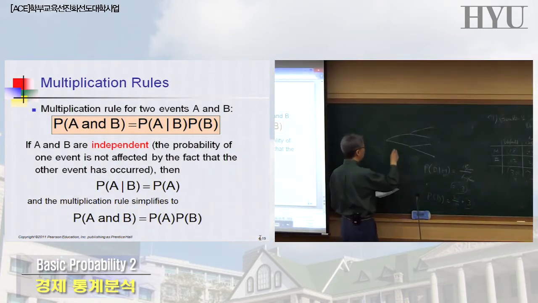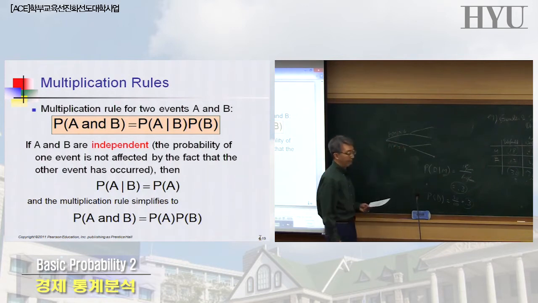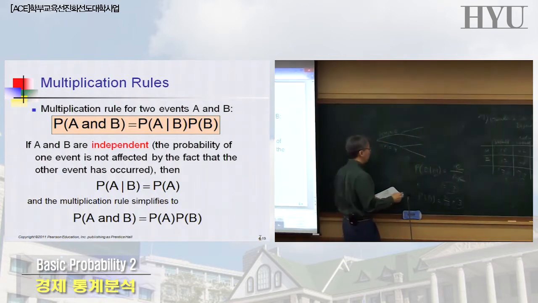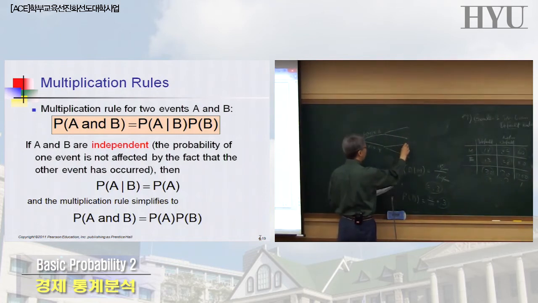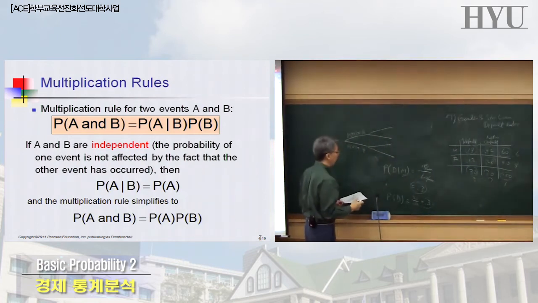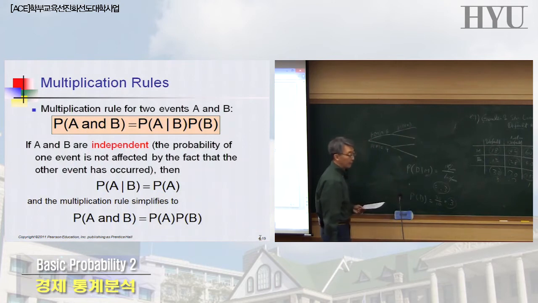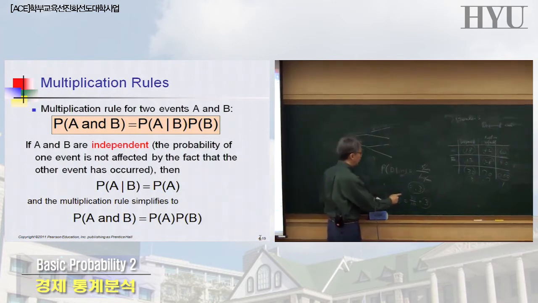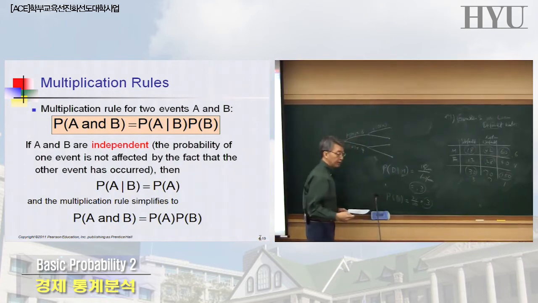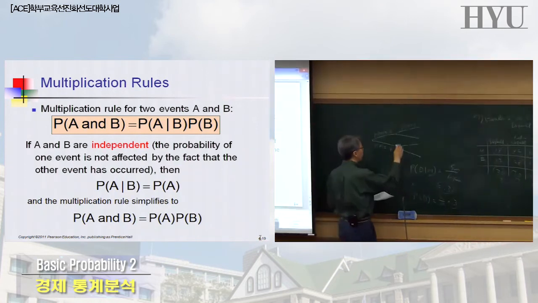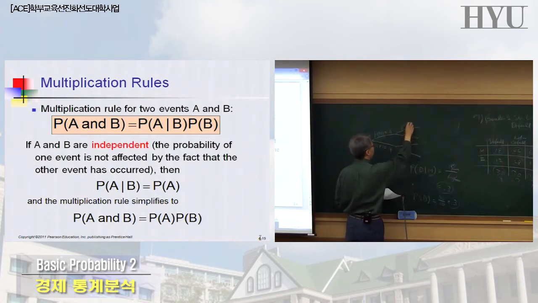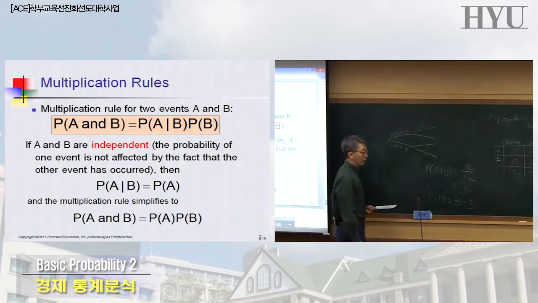The probability of male is 0.6, the probability of female is 0.4. And then you have the conditional probability: the probability of being in default given male. But we've just found out that those two events are independent, so we can simply say it is P(D).